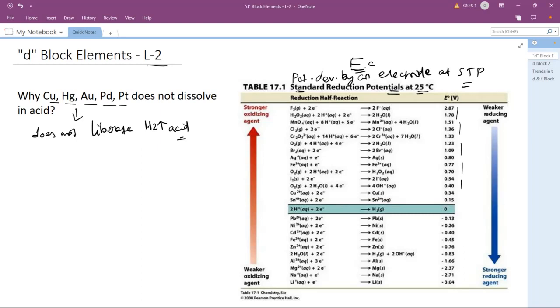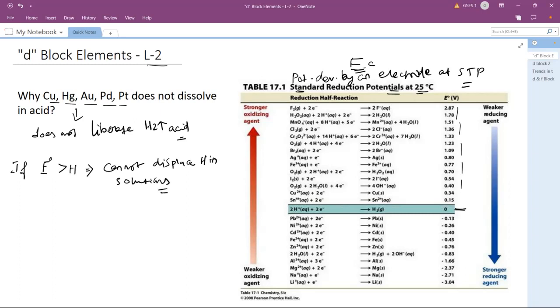Here, hydrogen has a value of zero. Some elements will have a positive value compared to hydrogen. If the standard reduction potential is greater than hydrogen, or greater than zero, these metals cannot displace hydrogen in solutions or in acids.